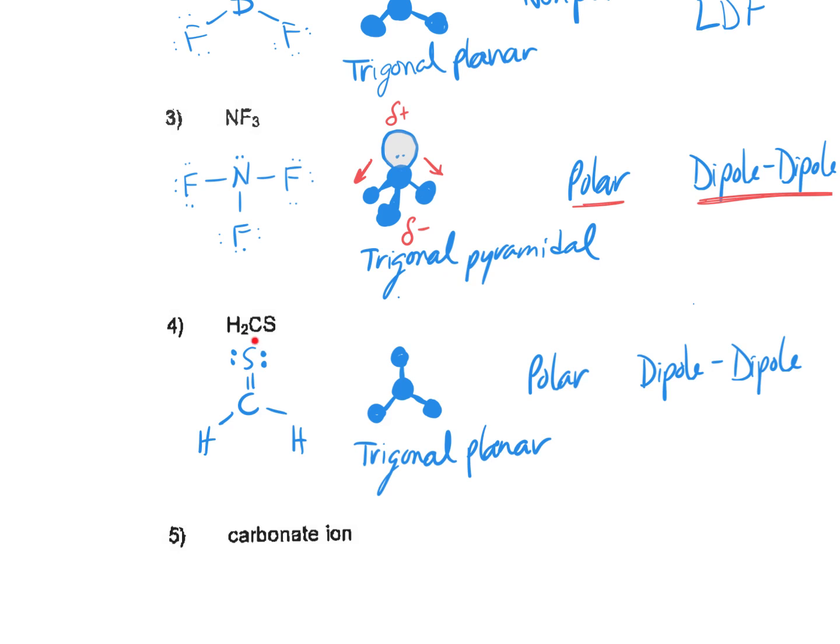Anyhow, sulfur in this case has a relatively high electronegativity compared to the other atoms here. So there is going to be a pulling of electrons in this direction. Okay, so we're going to end up with a negative side and a positive side. It's going to be polar, and since it's a dipole molecule, there will be dipole-dipole interactions.